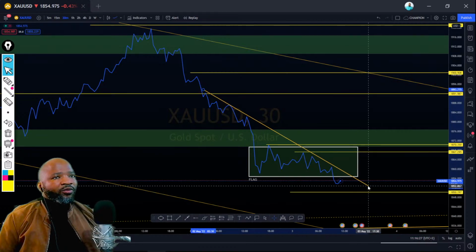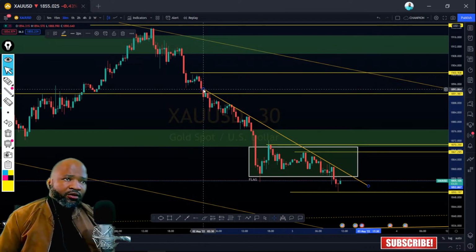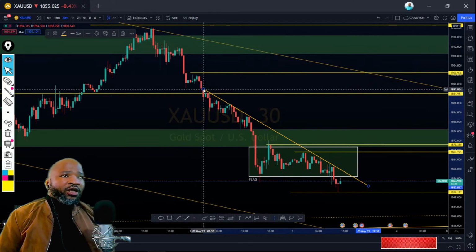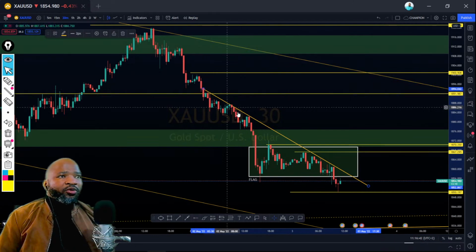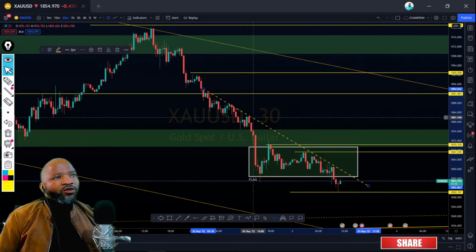I like to use the line chart for the sake of being able to notice the turning points or the key points, because with the line chart it's easier to recognize your turning points.